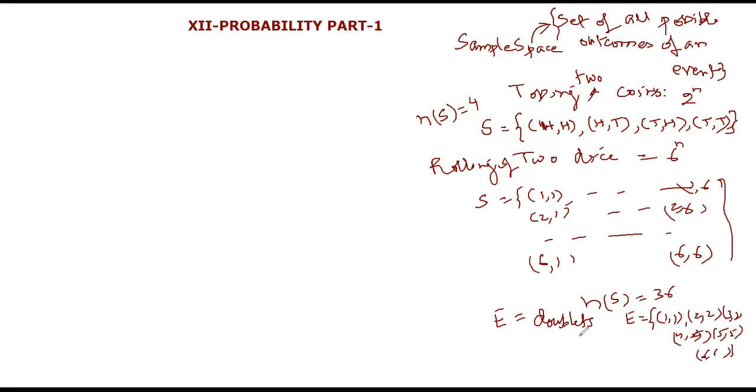So the number of outcomes in the event, the number of favorable outcomes, is 6. So probability is equal to number of favorable outcomes upon total number of possible outcomes. So this will be equal to 6 by 36. That is 1 by 6. So this was a simple probability that we already did in class 11.